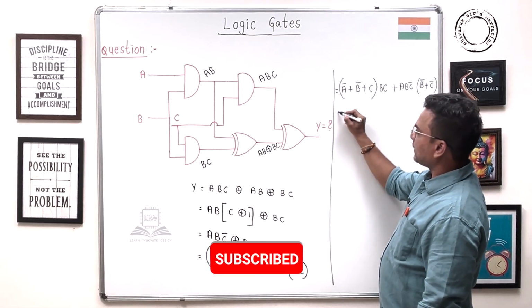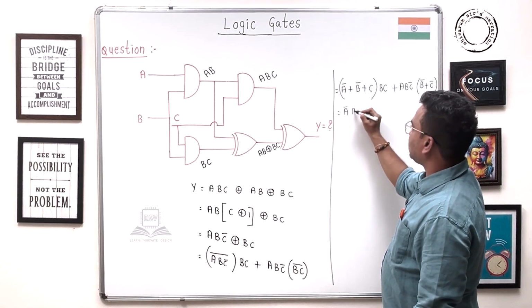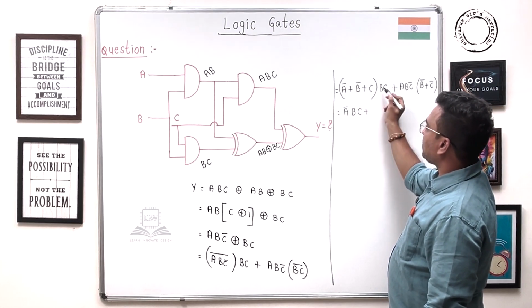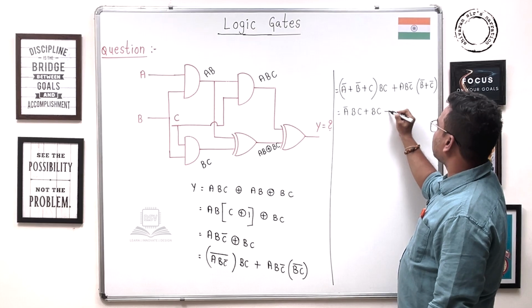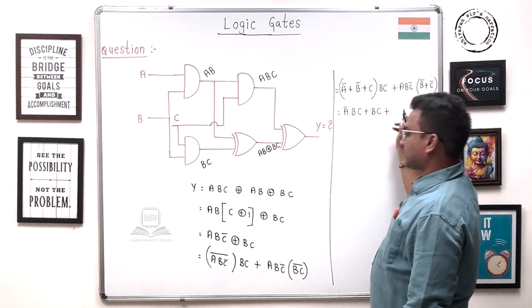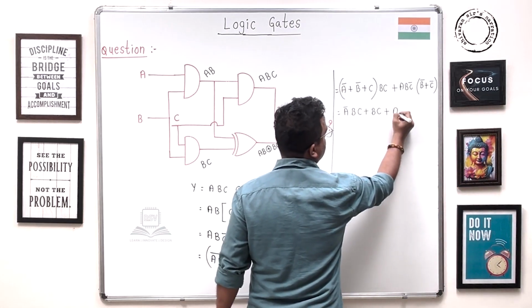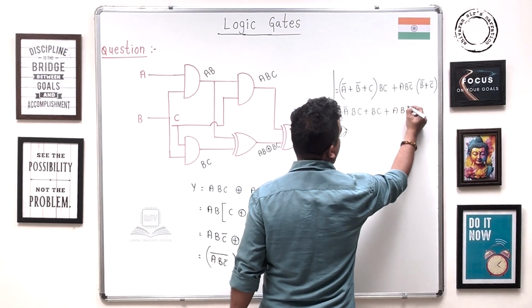Now guys, here it is A bar BC, B into B bar 0, B into C, BC into C, BC, again B into B bar 0, and this is ABC bar.